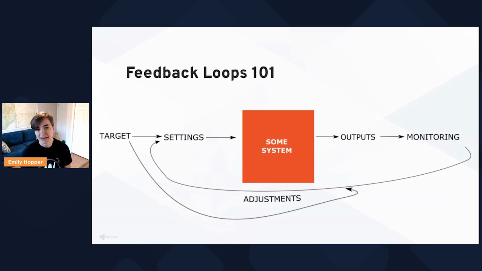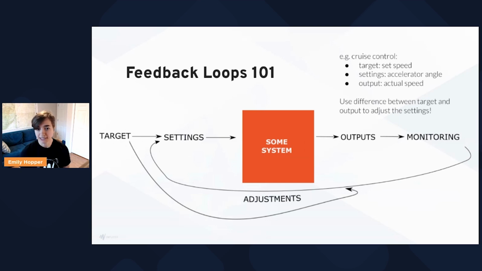Now, typically, we might actually have a target, which is what we want, which we use to inform the settings, which are the things we can actually change about the inputs of the system. And we use the difference between what we observe of the outputs and what our target is to make adjustments to those settings. An example you may be pretty familiar with is cruise control.